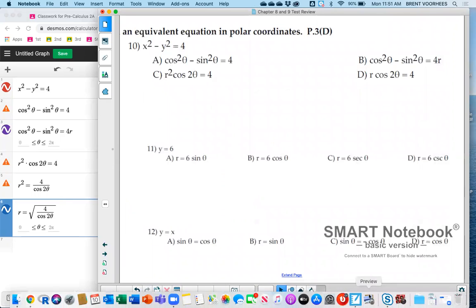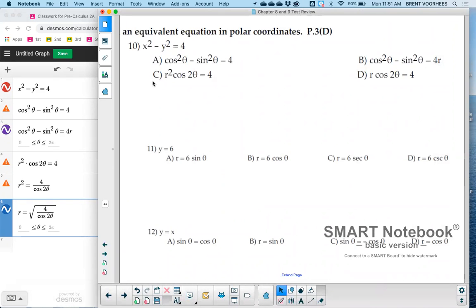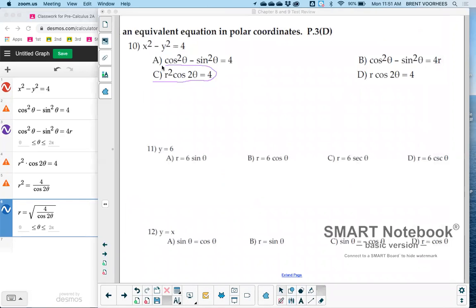Okay, so that was just a couple of rules there. When you graph an equation in polar, one rule is r cannot have a power. r cannot be squared or something like that. That cannot happen. You have to have r to the 1 power. So this one I had to rewrite as r equals the square root of 4 divided by cosine 2 theta.